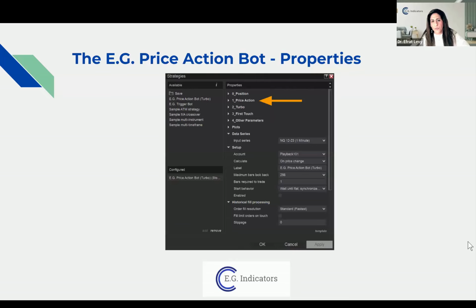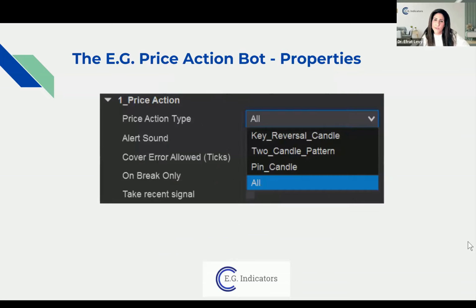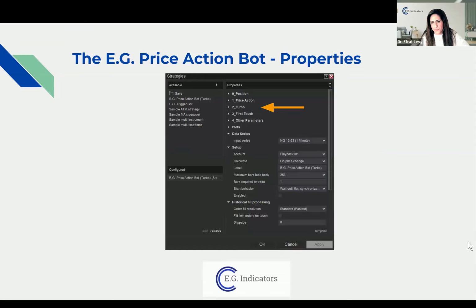Regarding the price action property, since there are several types of price action, we implemented three of them. And you can pick the type that you want the bot to trade. For example, it can be engulfing pattern or pin candle or all of the three types implemented.